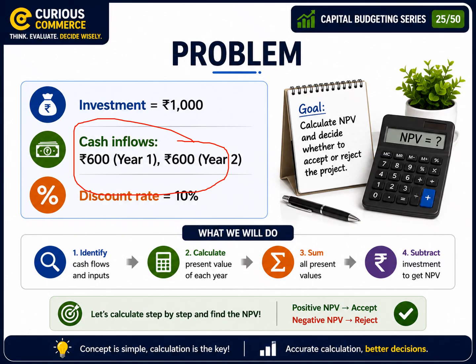That's why we discount future cash flows. This discounting process is the heart of NPV. A finance manager never compares future money directly with present money. Instead, they convert all future money into present value. That is exactly what we will do now.